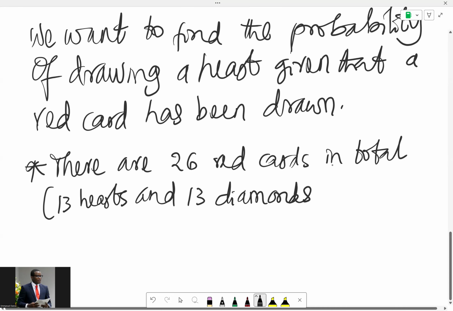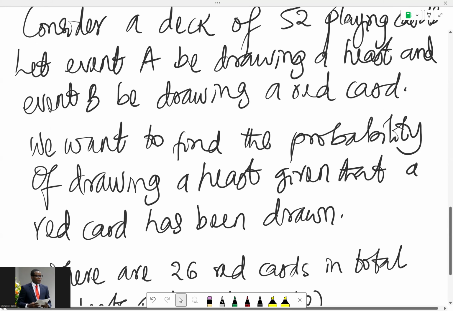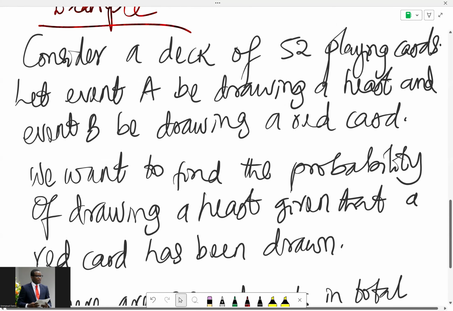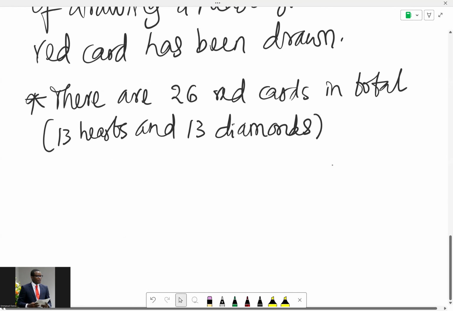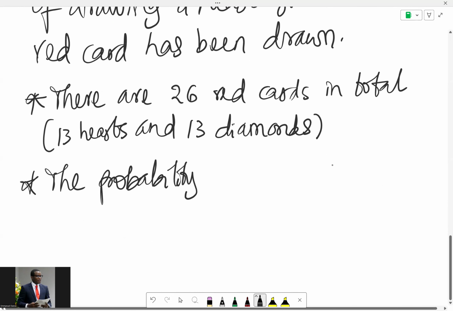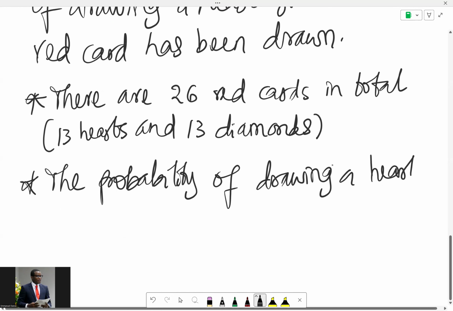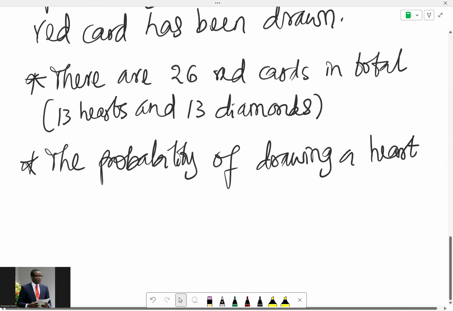That's the first thing. Secondly, the probability of drawing a heart, of course, that's event A, right?